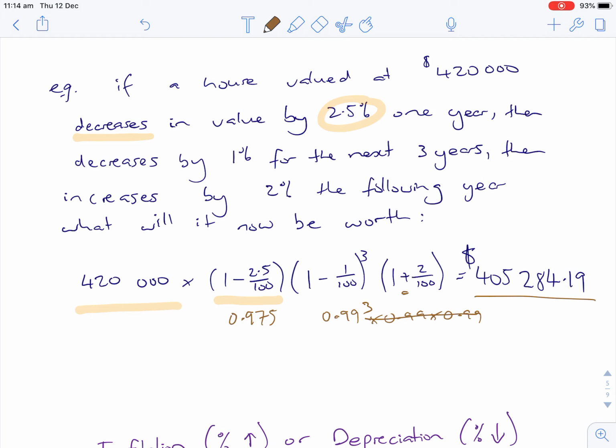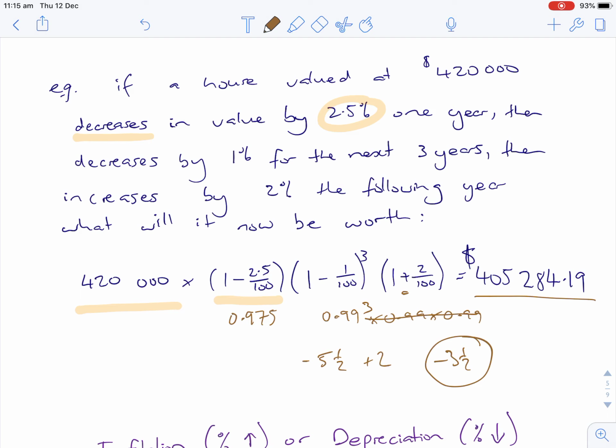Now, the common mistake here is that people want to just do it in one step and say, well, I've gone down by 2.5% 1 year, down by 1% for the next 3, so all up that's 3, 4, 5.5. And then I go up by 2, so all up I've gone down by 3.5. And so people want to treat it as one multiplier and just apply that 3.5 to the original amount.